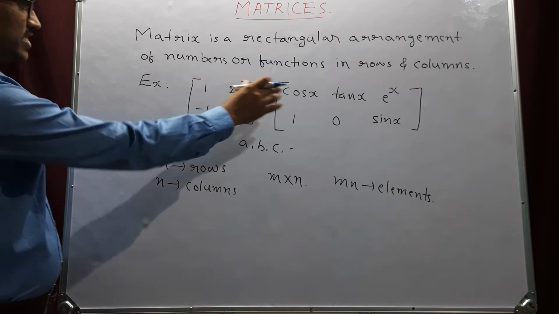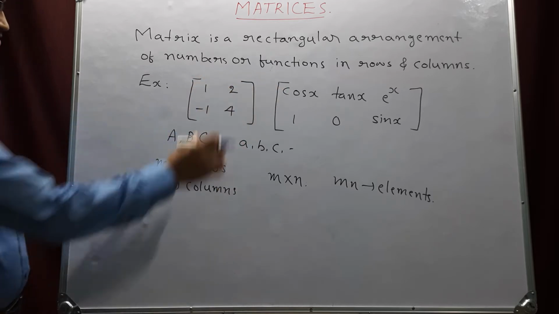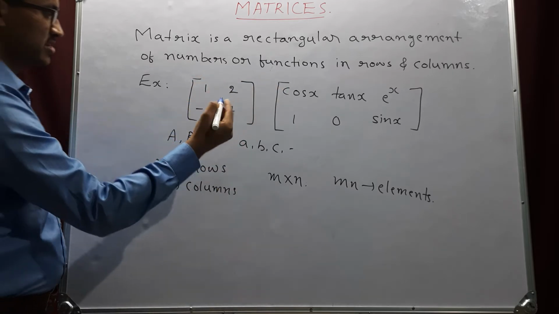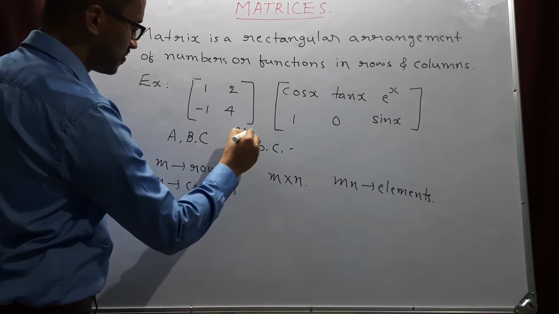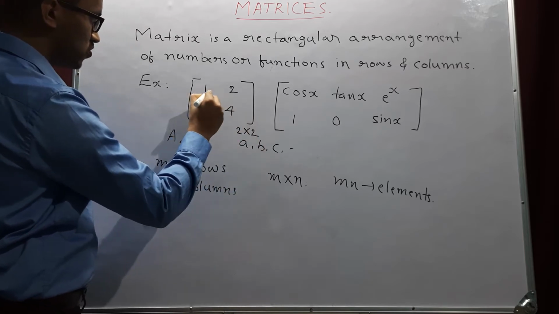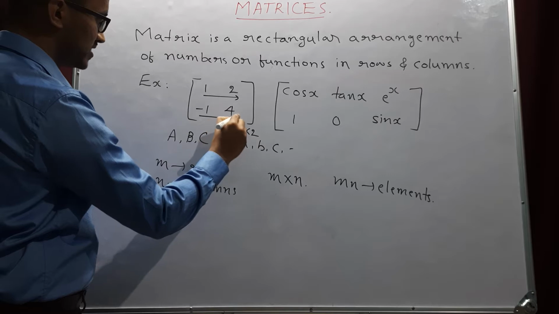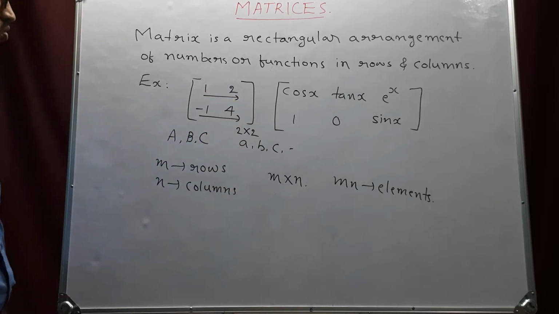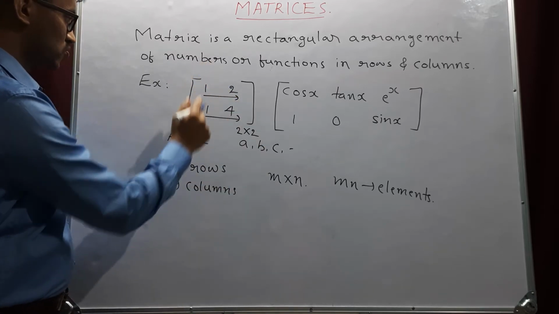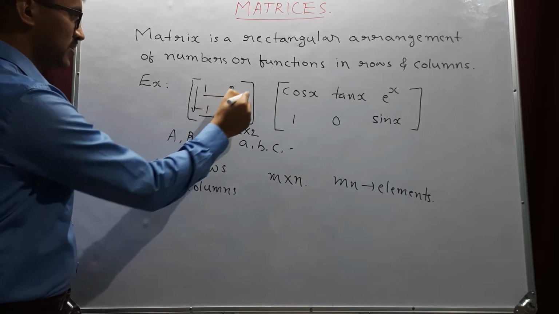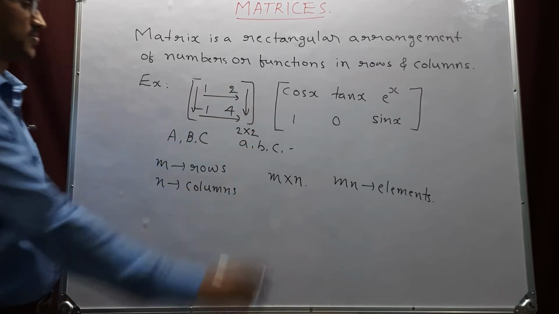So if you see these examples, this is the matrix of order 2 by 2, because we have two rows. This is the first row, this is the second row. We have two rows as well as 2 columns. So this column as well as this column.